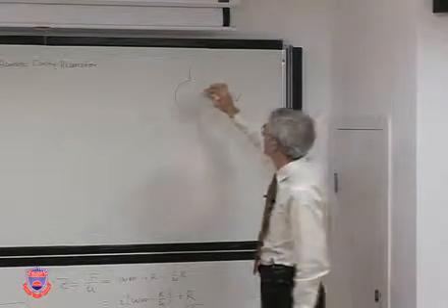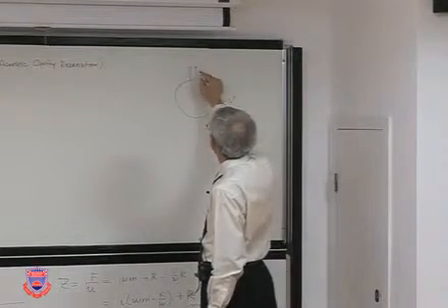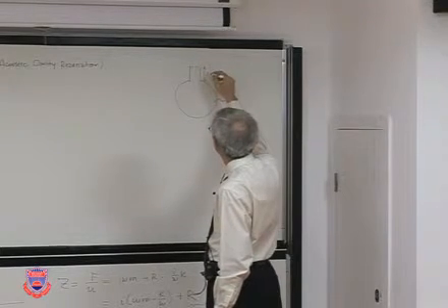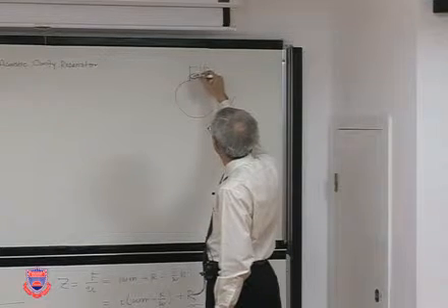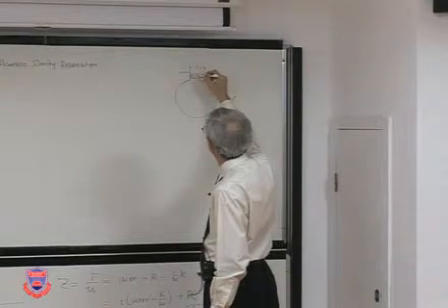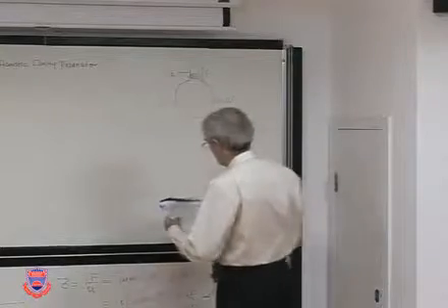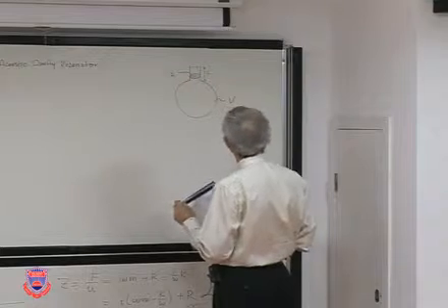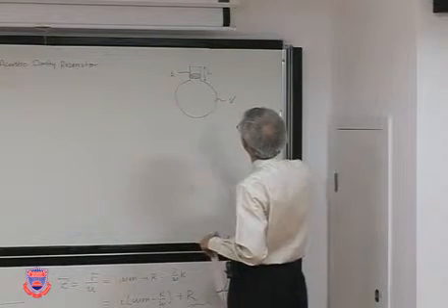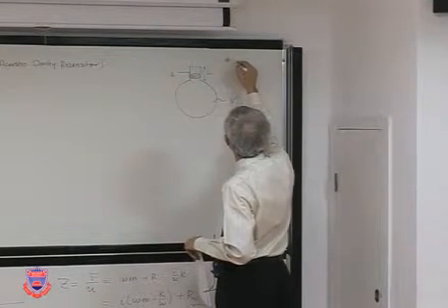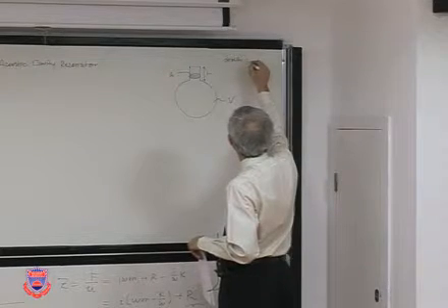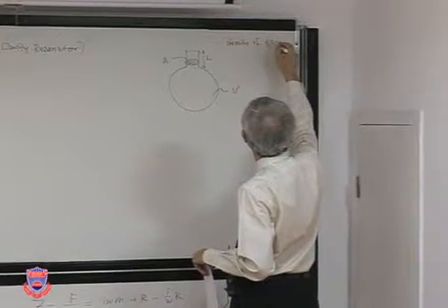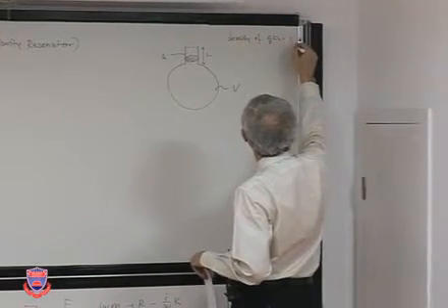The neck part is the important part, and the neck has a length L and an area A. And the density of gas is rho.